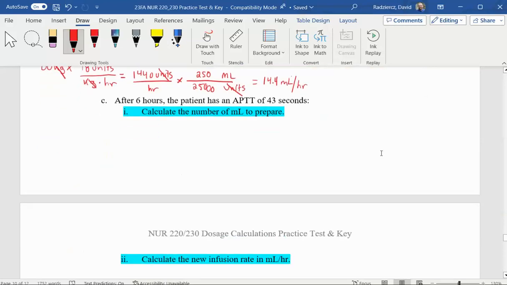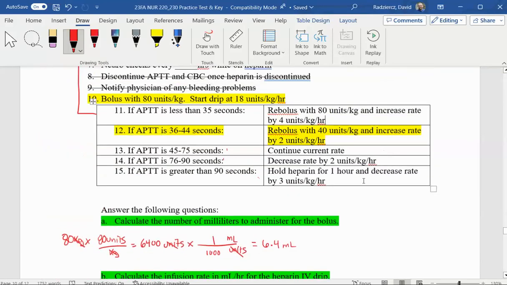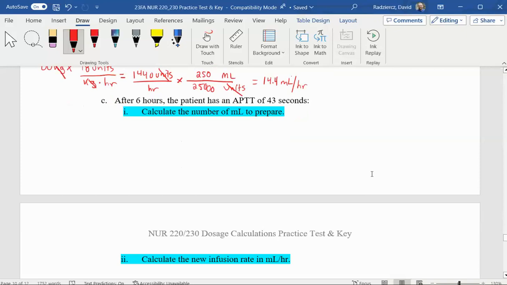All right. So for the 43 seconds, it told us to rebolus with 40 units. I'm going to take the same patient, didn't change patients, same weight. But this time, instead of 80 units per kilogram, now it's going to be 40 units per kilogram. 80 times 40 is 3,200.